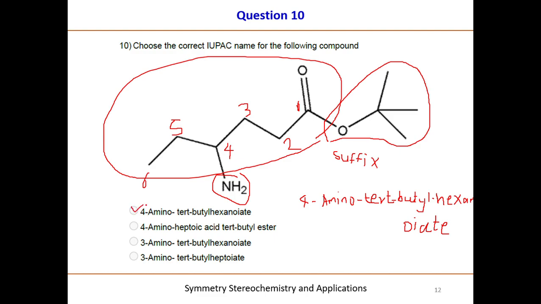So option number 1 is correct. In IUPAC we are writing oate for ester, so hexanoate. You can cross-check the other 3 options also, which are not correct. So the correct option is 4-amino tert-butyl hexanoate, which is option number 1.